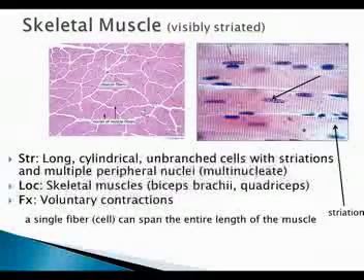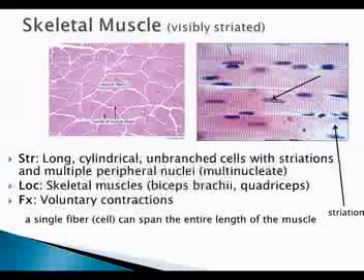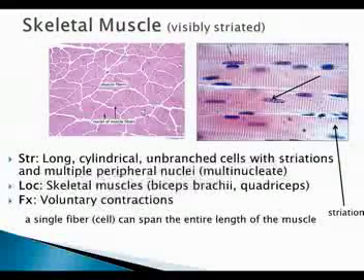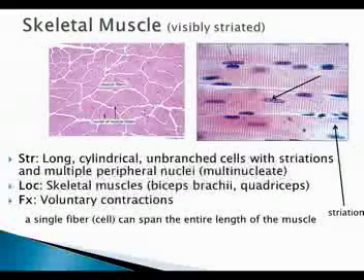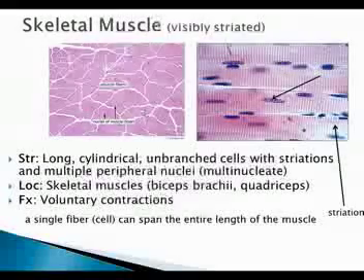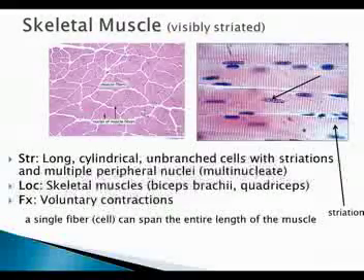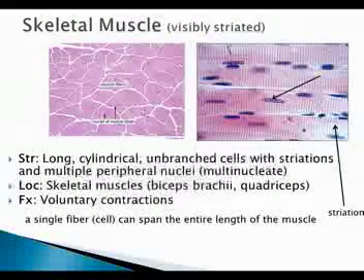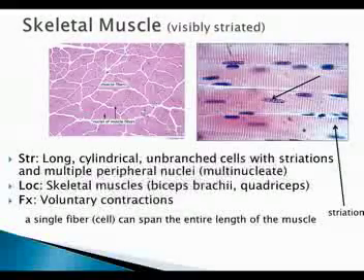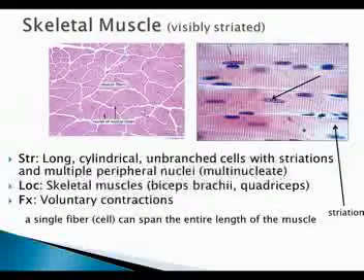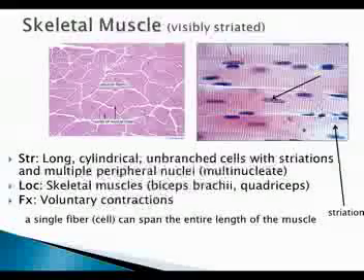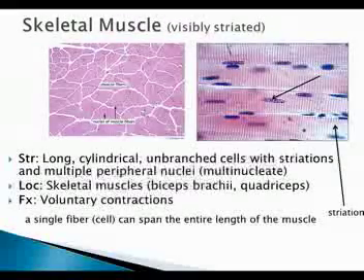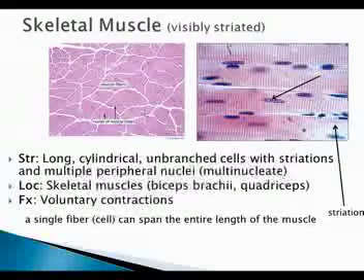You can see in the images those striations; it almost looks like a reverb going out throughout the cell. They're also multinucleate, meaning there are a bunch of nuclei per cell. Each cell, which is called a fiber in skeletal muscle, can stretch several feet in length, so you need nuclei throughout the entire length of that cell to help support it.